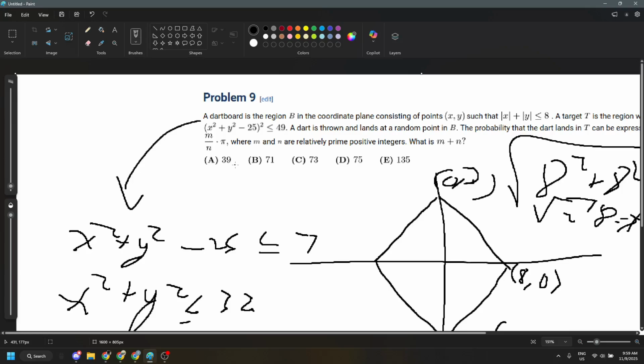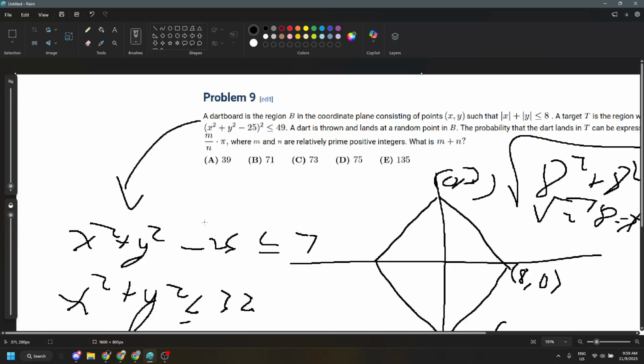So how about 4, sorry, 16 plus 16 minus 25, 32 minus 25 equals 7, 7 squared, yeah, so 4 would work.